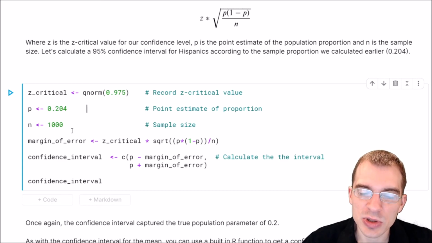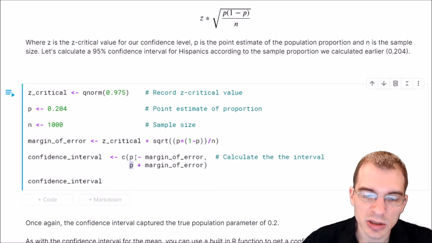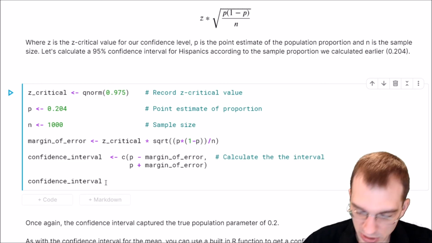And in that case, we took a sample of 1,000, so our n is going to be 1,000. Then we'll just plug all of these things into this formula. So z critical value times the square root of p times 1 minus p divided by n. That will give us our margin of error. Then to do the confidence interval, we just take our actual estimate, which was p, minus margin of error, plus margin of error, and that will give us our confidence interval.